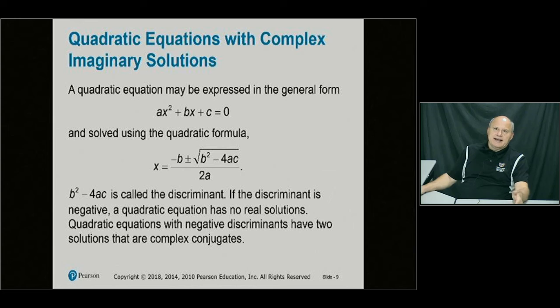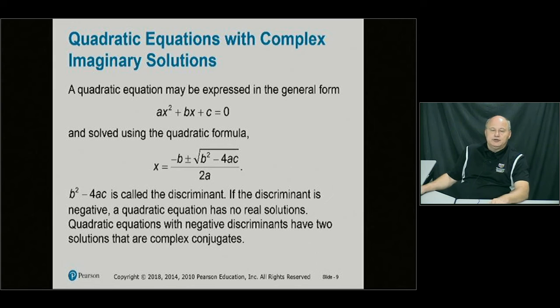A quadratic equation with a negative discriminant has two solutions that are complex conjugates. That's important, leading up to other things we're going to be doing later in this chapter and the next chapter as well. If you have a quadratic or polynomial equation where a plus bi is a solution, then a minus bi is also a solution.